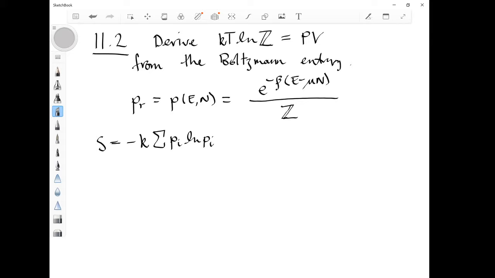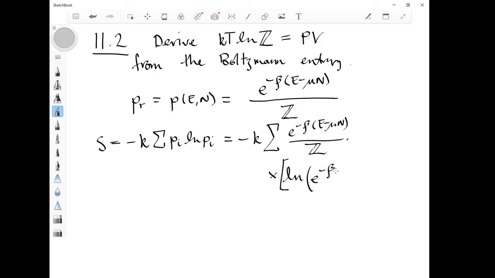And substituting in our probabilities, we have minus k, outside of e to the minus beta (E minus mu n) all over our grand partition function, times, let me just skip down a line, times the log of our probability distribution.